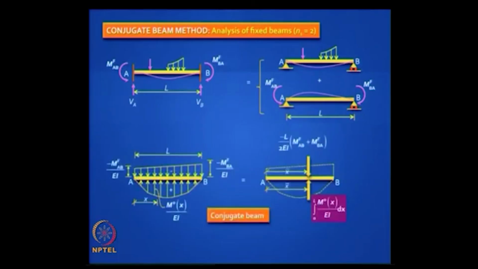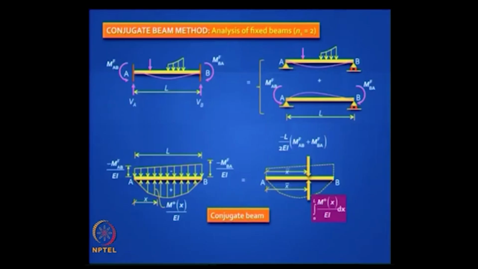And you can now look at the conjugate beam, which will be now free because the original beam is fixed, and you will find that on the top you will be putting the curvature diagram caused by the negative moments, so that is a straight line, and at the bottom you will have the free moment diagram M naught x by EI, and these two must self equilibrate.